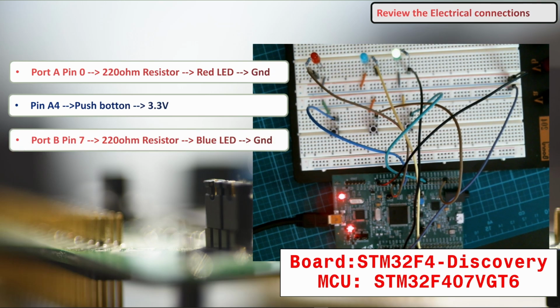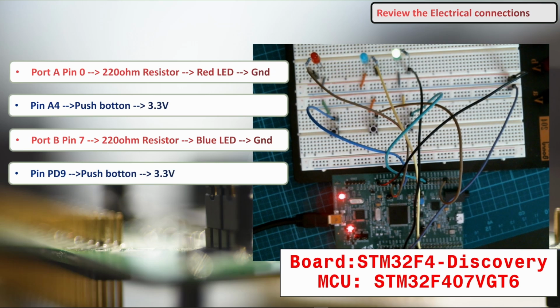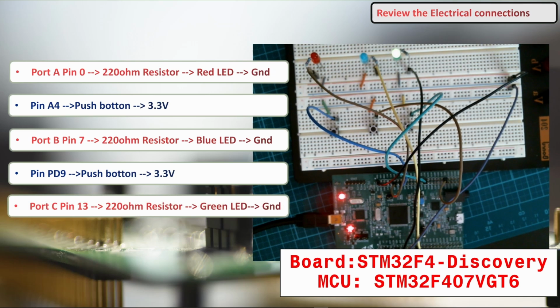Then we connect port B pin 7, or PB7, to a 220 ohm resistor, which is connected to a blue LED, then to the ground. After that, pin PD9 is connected to a push button, which is connected to 3.3 volts. And finally, we connect the PC13 pin to a 220 ohm resistor, which is connected to a green LED, then to the ground.